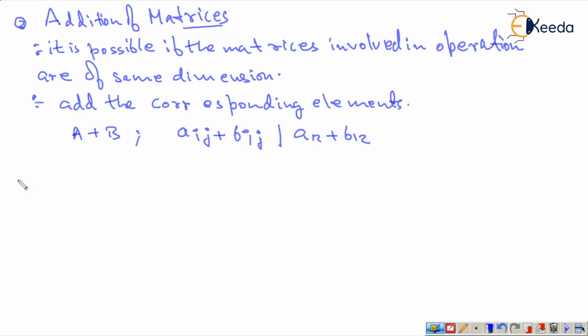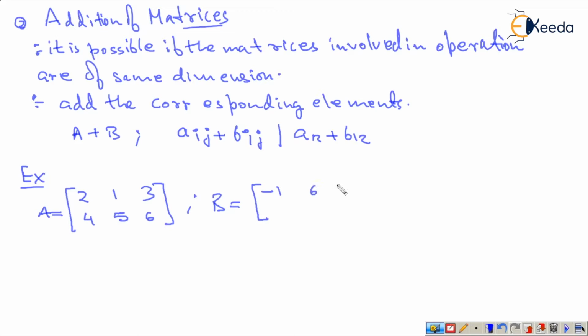For example, if there's a matrix 2 1 3 4 5 6, let's say this is A, and then there is B, which is -1 6 4 3 0 2, then A plus B is feasible. Why? Because this is 2 cross 3 and this is also 2 cross 3, same dimension.